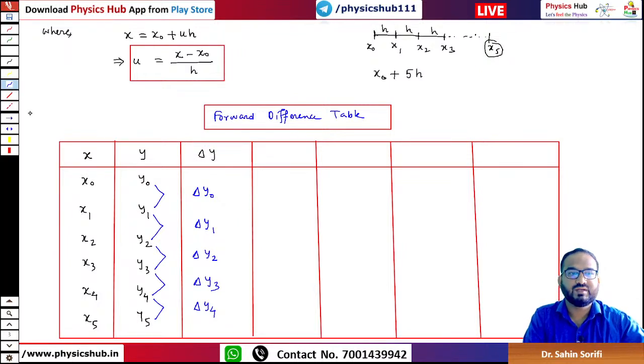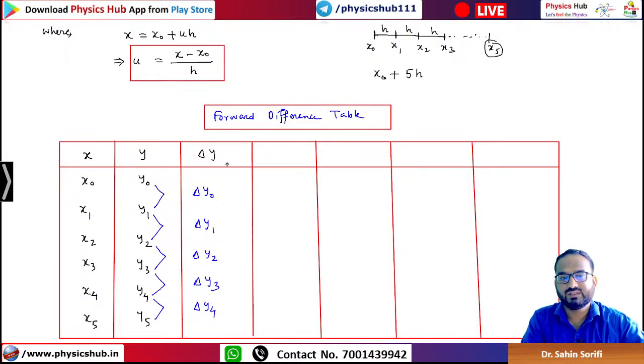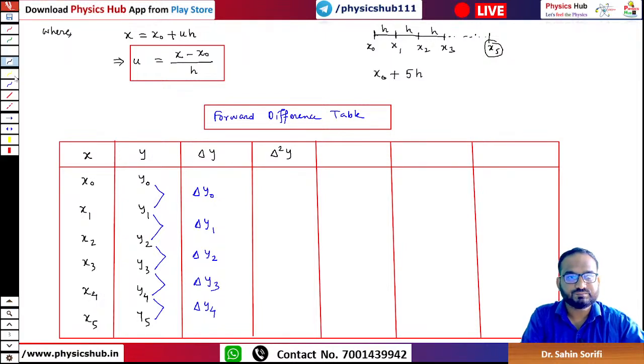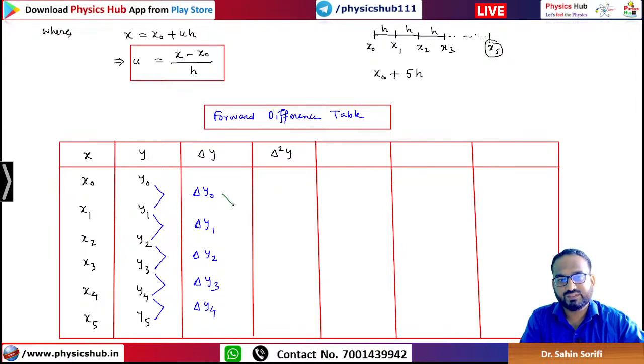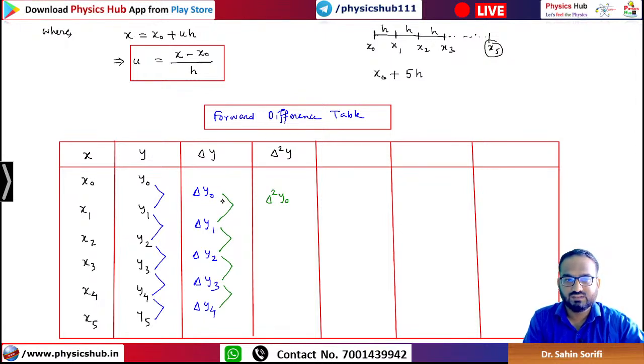Now once you find delta y, we can find delta square y. You take these two values, these two values, these two values. From this you get delta square y0, which is delta y1 minus delta y0. Then delta square y1, delta square y2 is delta y3 minus delta y2, and delta square y3.